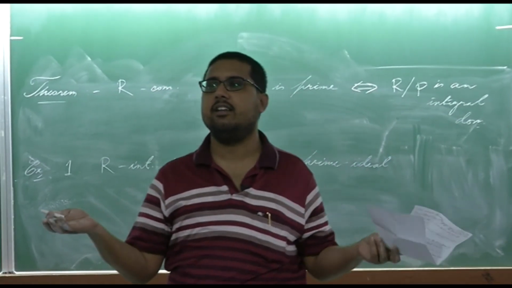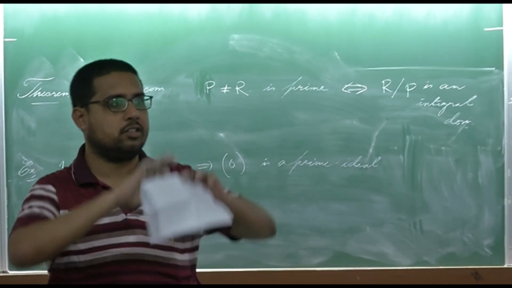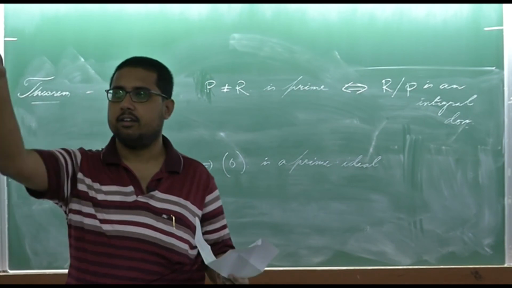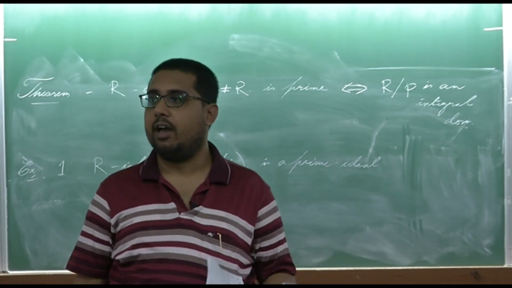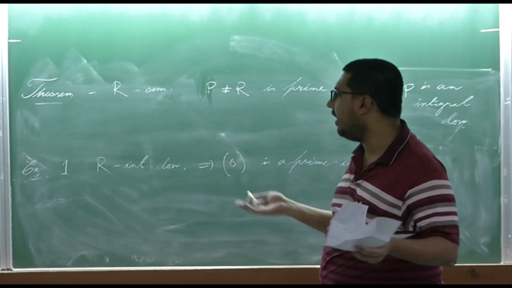What does that yield? It yields that in a commutative ring, of course. Let us stick to the commutative setup. In a commutative ring, we do have every maximal ideal is going to be a prime ideal, right.